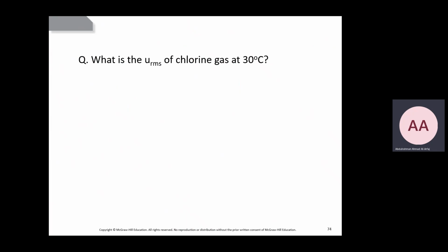Okay, solve this problem. What is the URMS of chlorine gas at 30 degrees centigrade? Now, don't forget, when I say chlorine gas, I mean Cl2 gas. So the mass of Cl2 gas is what? 70.9 gram per mole, but since I want it in kilogram, I'll make it 10 to the power minus 3 kilogram per mole.